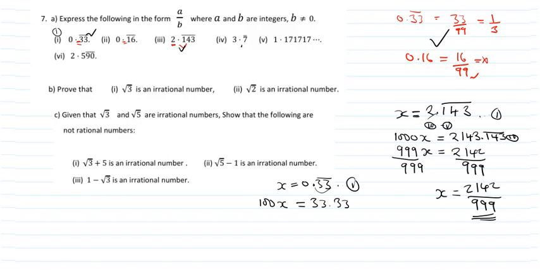From there, this and this can go if you subtract equation 1 from equation 2, so that will give you x is equal to 33 over 99. So that's what I meant: whenever you see 2 digits, you put 99. If there are 3, you put 999. Okay, that is it.